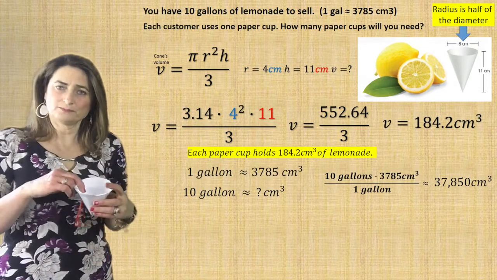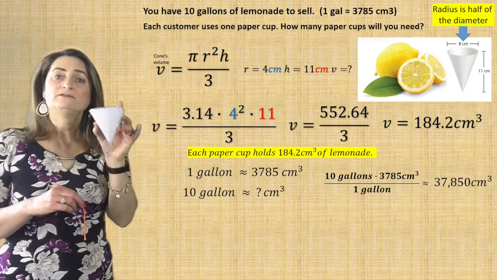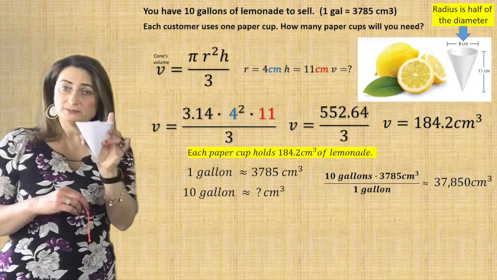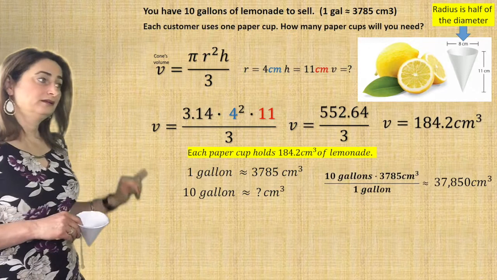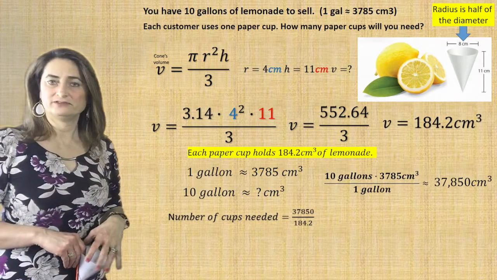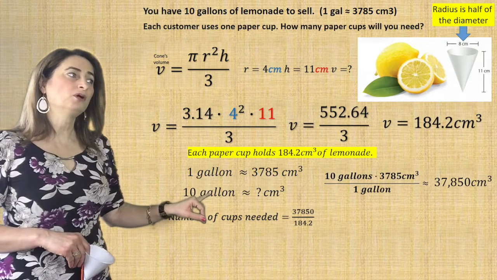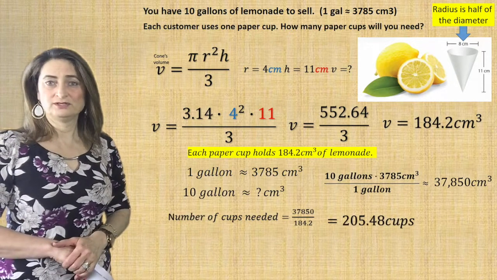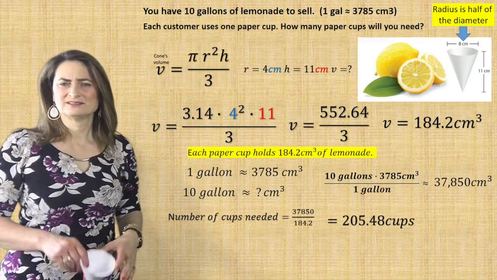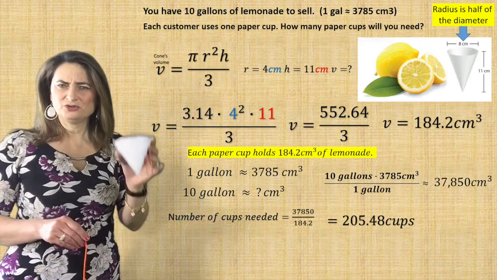So how many cups do I need if each cup holds 184.2 cubic centimeter? Number of cups needed would be dividing that 37,850 by what each cup holds, 184.2. You end up with 205.48 cups. But think again, can you buy half a cup?